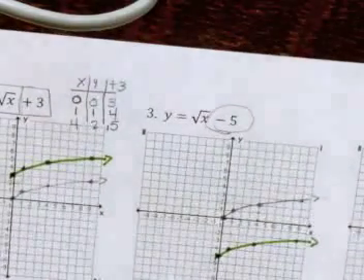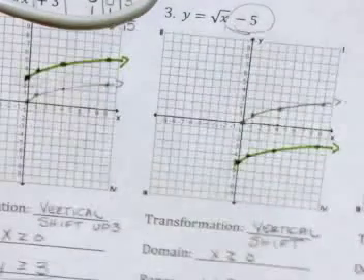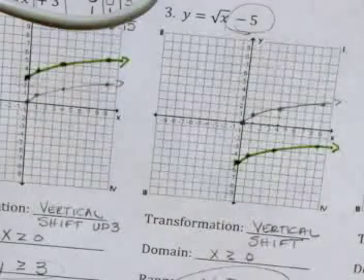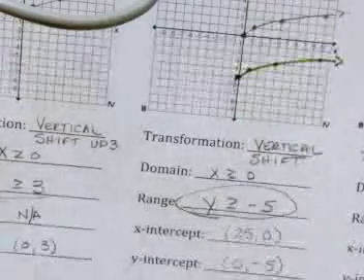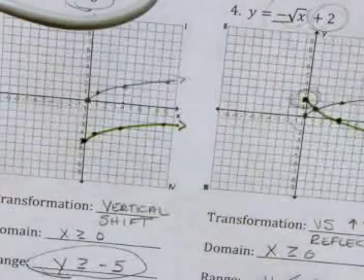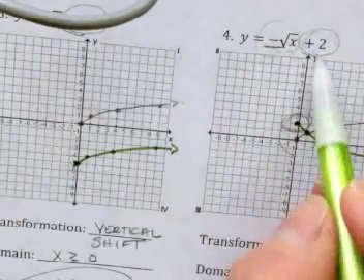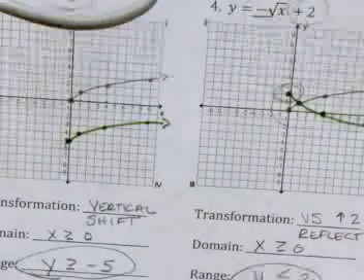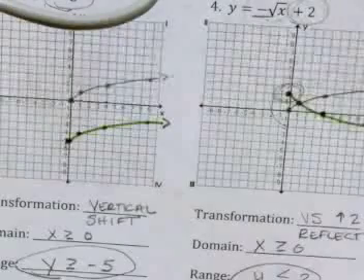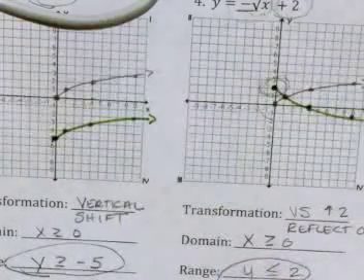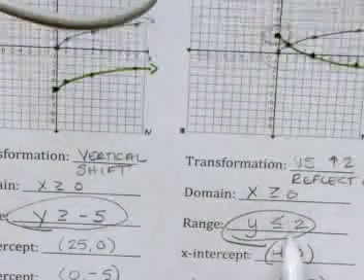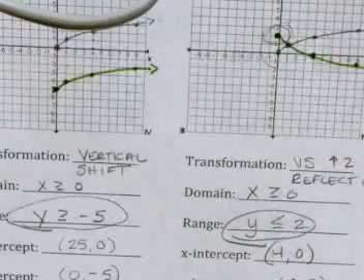In example 3, k was negative 5, and my range was y is greater than or equal to negative 5. In example 4, k is 2, and my range is y is less than or equal to 2. Keep in mind that I have to change the direction of the inequality because I have reflected over the x-axis.